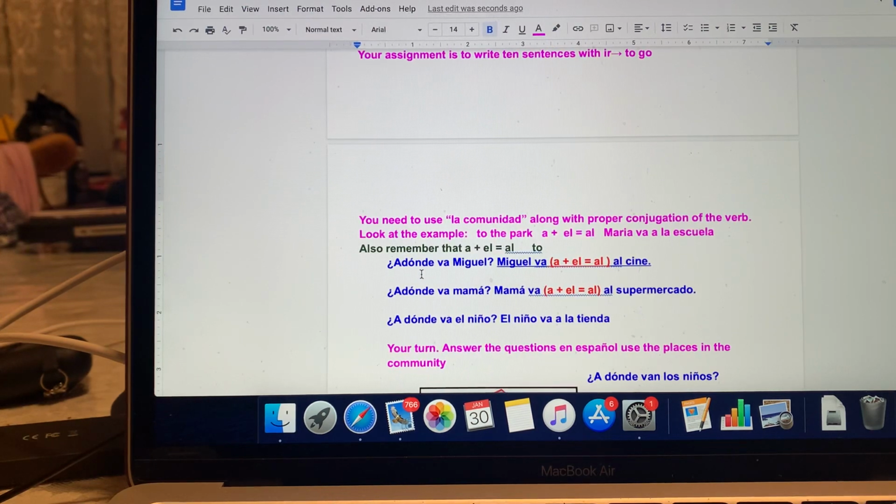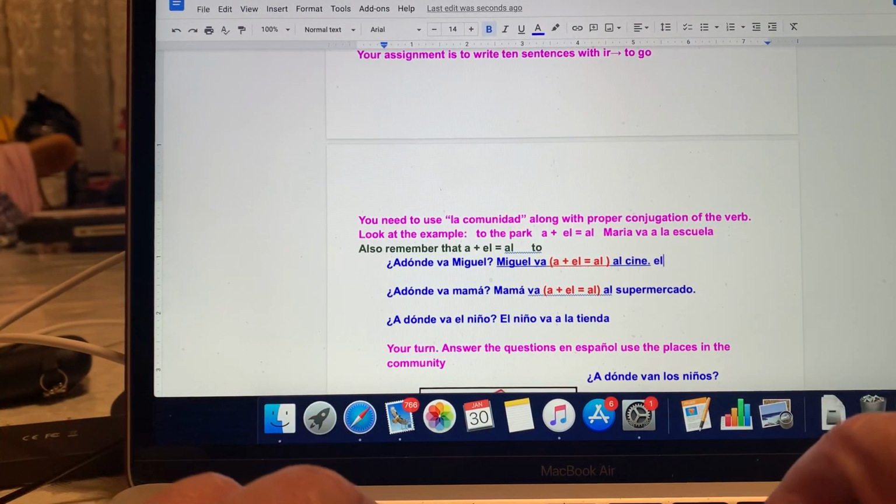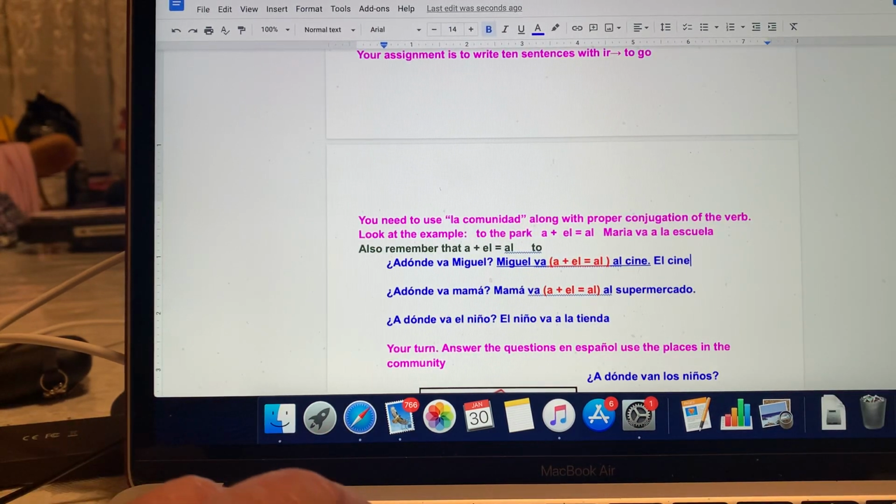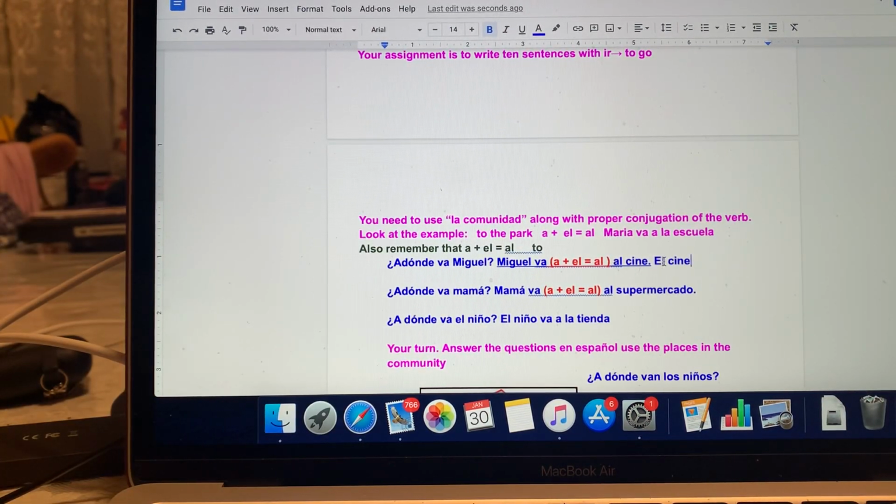Okay? Let's begin. ¿A dónde va Miguel? Where is Miguel going? Miguel va al cine. Notice that el cine means the movie theater, remember? When you put it alone, you have el cine, right? It is using the masculine singular article el.